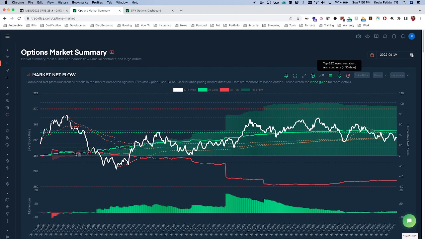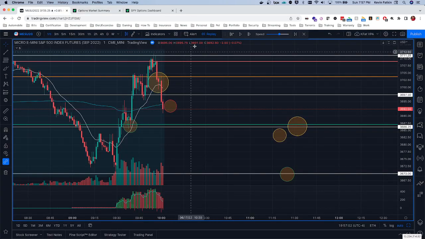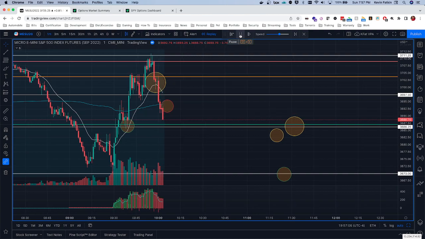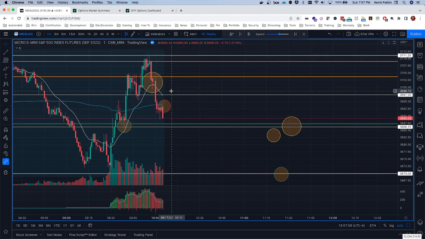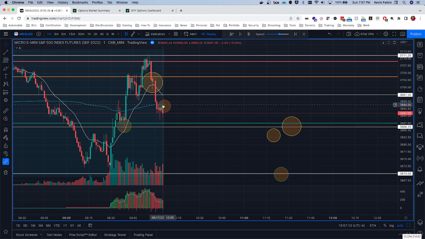Now this was kind of a divided day, you can see here, so it was difficult to tell at this point from the market net flow. We did get some bearish indications as well on the momentum shifts, but we can see here at this point when we break below and retest the VWAP, and I didn't specify before that blue line is the VWAP, and I actually do use the VWAP as an entry point.